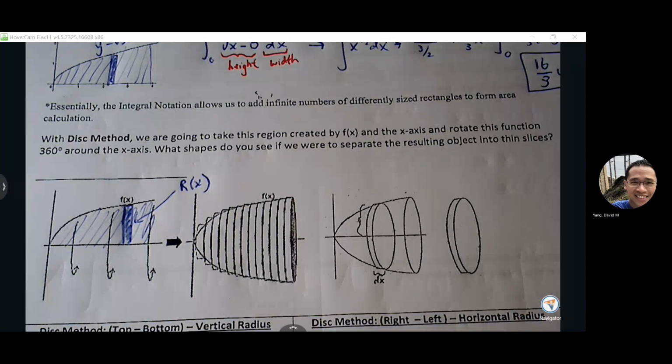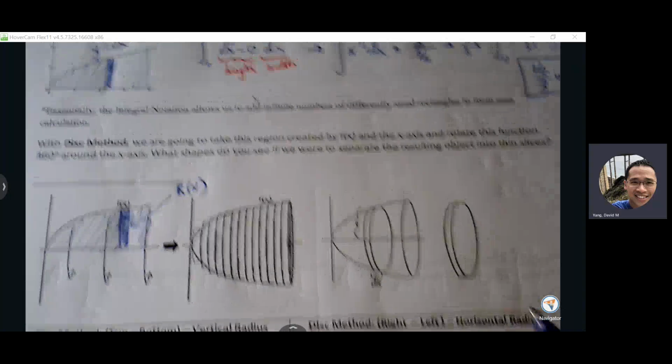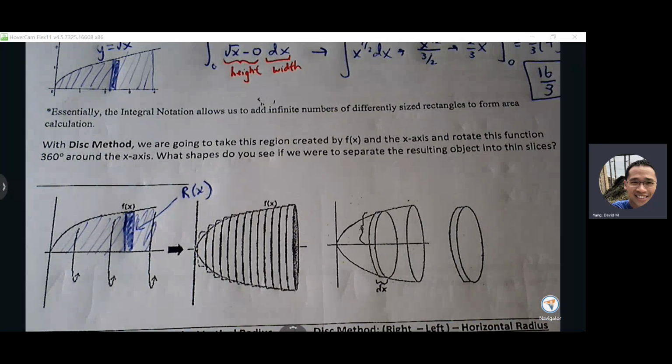Okay. So now, instead of adding infinitely thin rectangles to achieve an area, we're now going to add infinitely thin circular disks to achieve the volume of this object. Now, the actual disk will be a lot thinner than what we have here, but I just want us to be able to see that these are basically really, really thin disks. Okay.